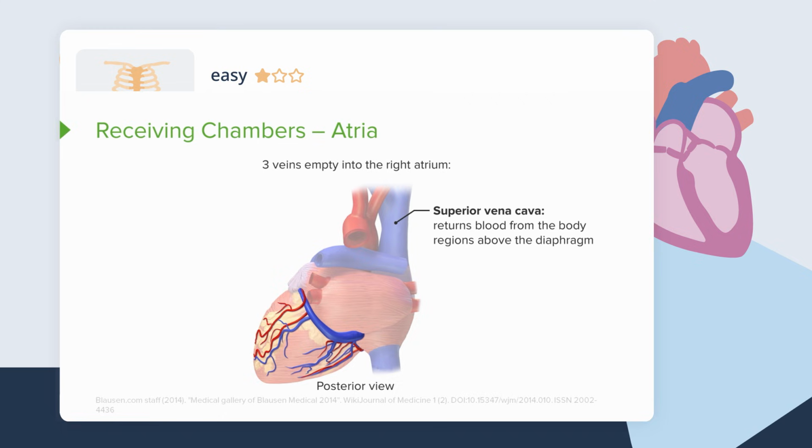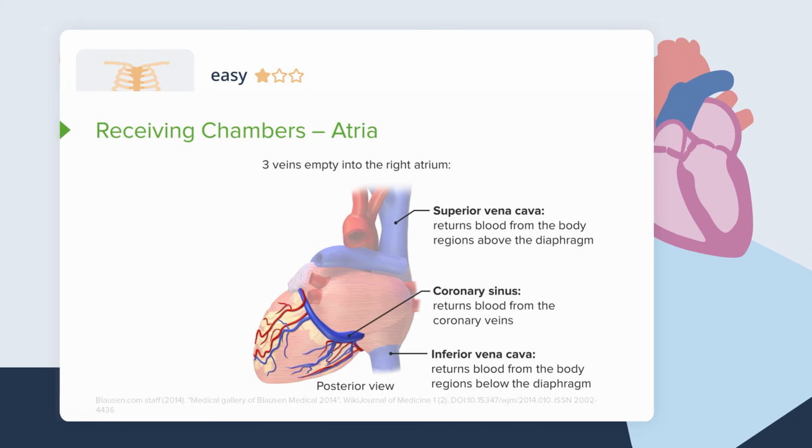We have the superior vena cava, which is going to be returning blood from regions above the diaphragm. The inferior vena cava, which is going to be returning blood to the heart from regions below the diaphragm. And then we have the coronary sinus, which is going to be returning blood from the coronary veins in our coronary circulation.